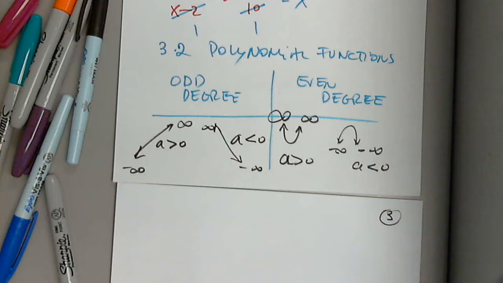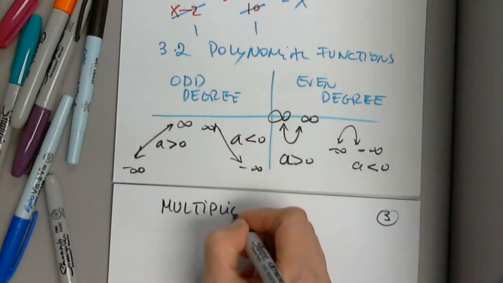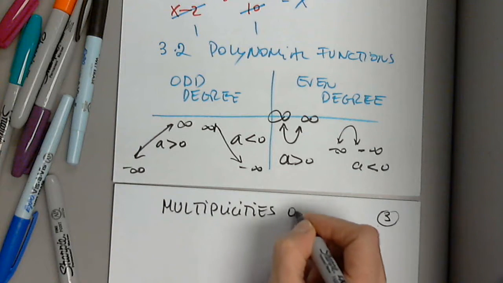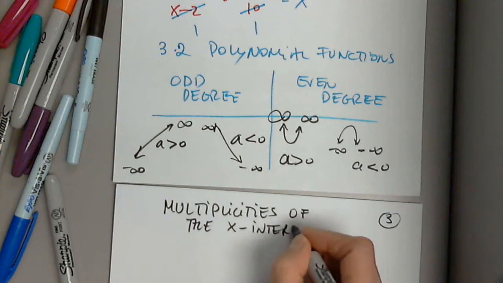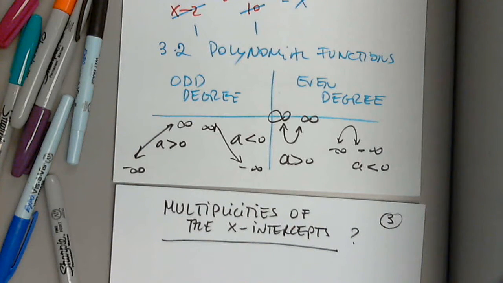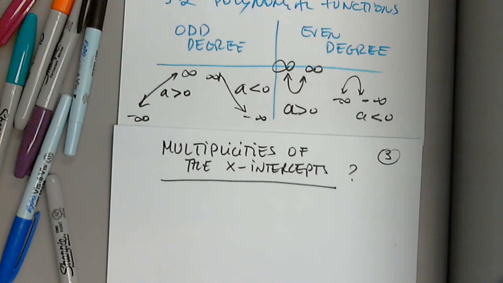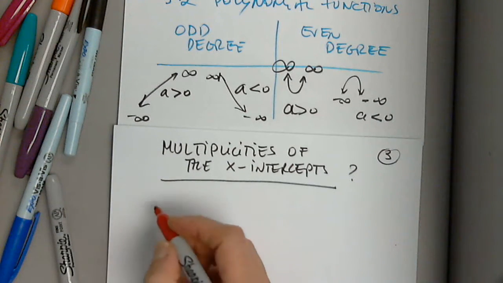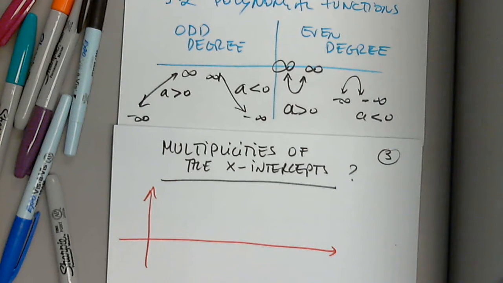Okay. Second prep is multiplicities of the x-intercepts. Never heard of it? What does it mean? We never discussed this because we never got to higher degree polynomial functions before. Although I did mention something, you may remember, but I didn't use the name of multiplicity.